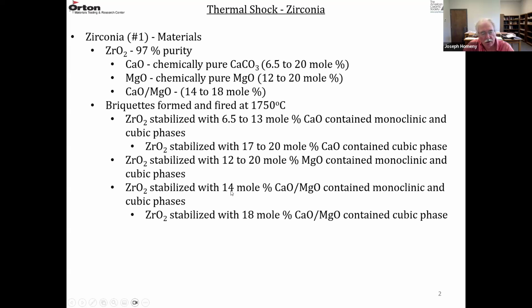And then the zirconia stabilized with 14%, that's a combination of lime and magnesia, contained both monoclinic and cubic phases. But when they went to a higher content of this combination, lime and MgO, 18%, it was just cubic.